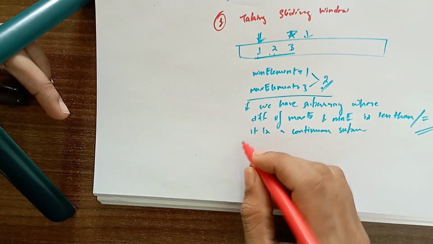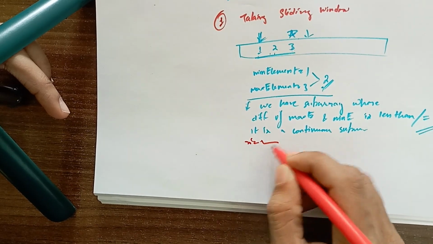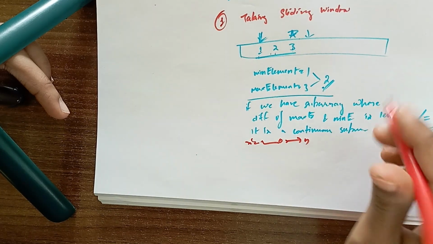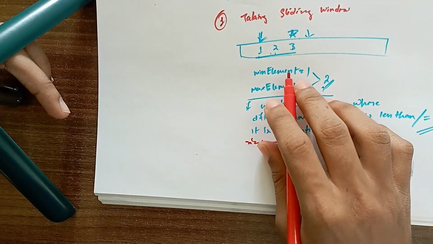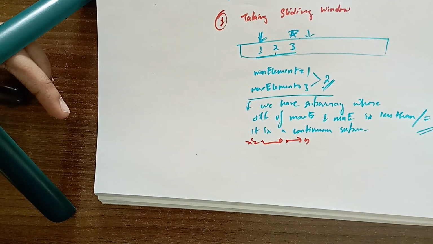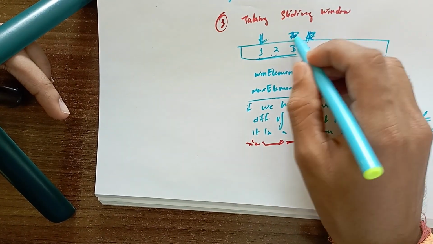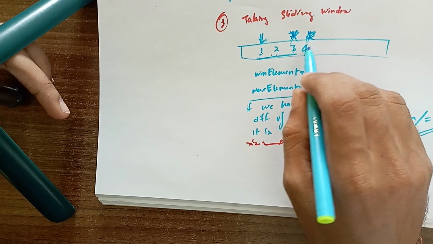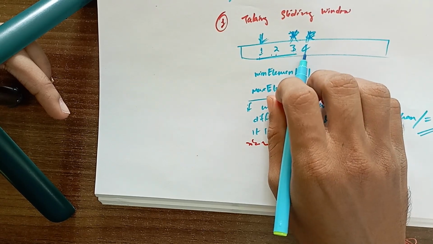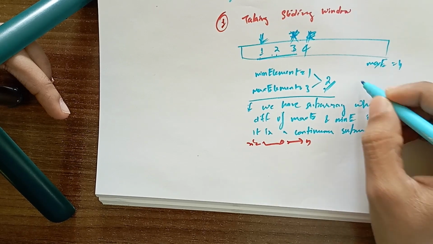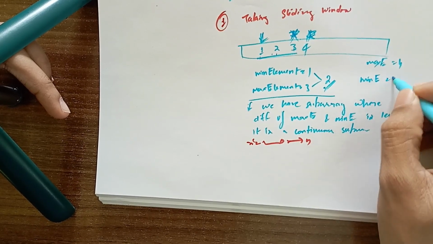Now, we will be iterating right from 0 to n, and if we get the difference of the minimum and maximum element greater than 2, let us consider r is at this point. Now we have 4. The maximum element is 4. Now the minimum element is 1.